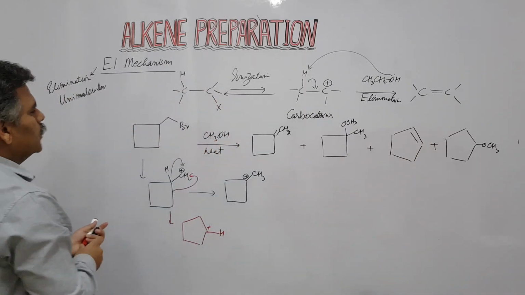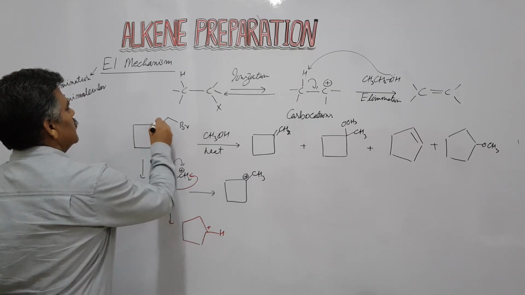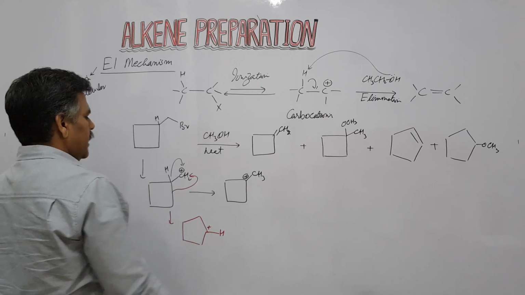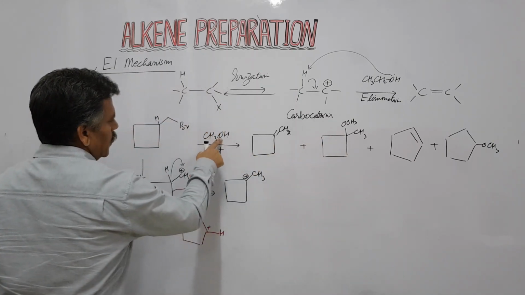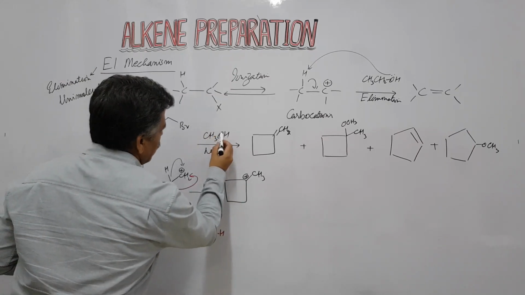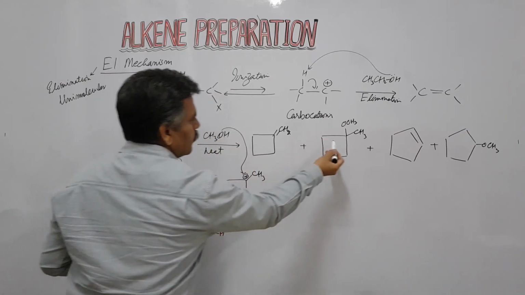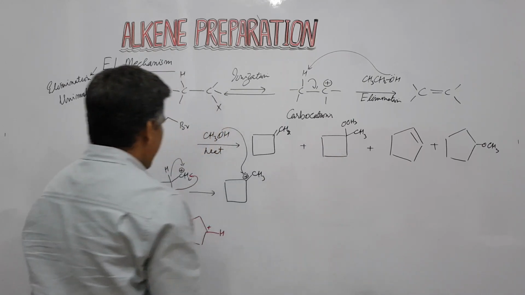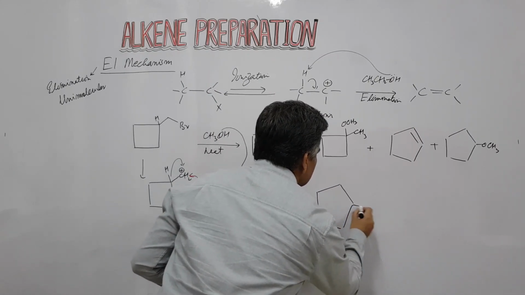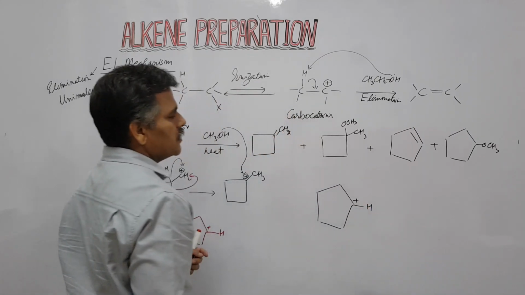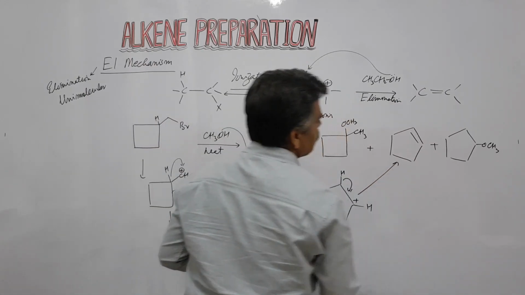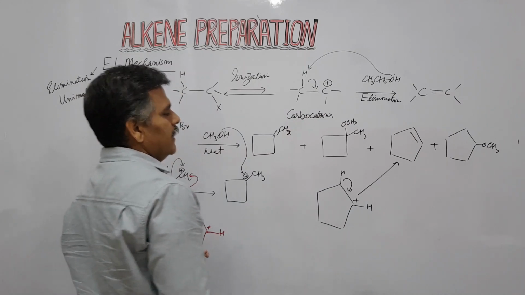For example, if there is direct elimination of this hydrogen and that Br, then we have this methylene cyclohexane, and if we have this product, then CH3OH attacks at this carbocation. If it attacks here, then this product will be formed. And if we have this 5-member ring positive charge, then removal of this hydrogen will give us this cyclopentene.